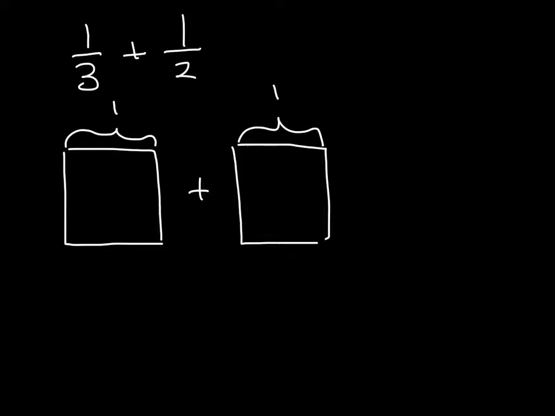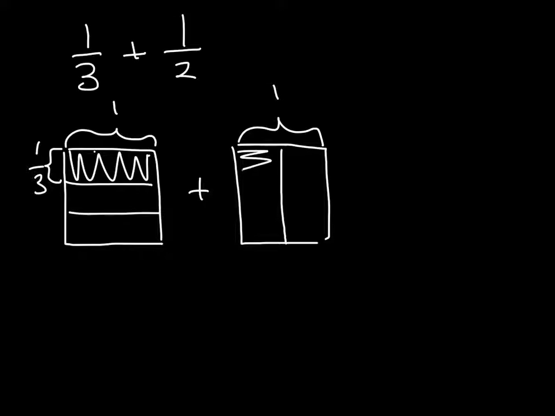And to get a third, we're going to draw 2 horizontal lines and color in one of the parts. So we have 1 out of 3 parts colored. And for 1/2, we're going to draw a vertical line and shade in one part, so now we have 1 out of 2 parts shaded, or 1/2.